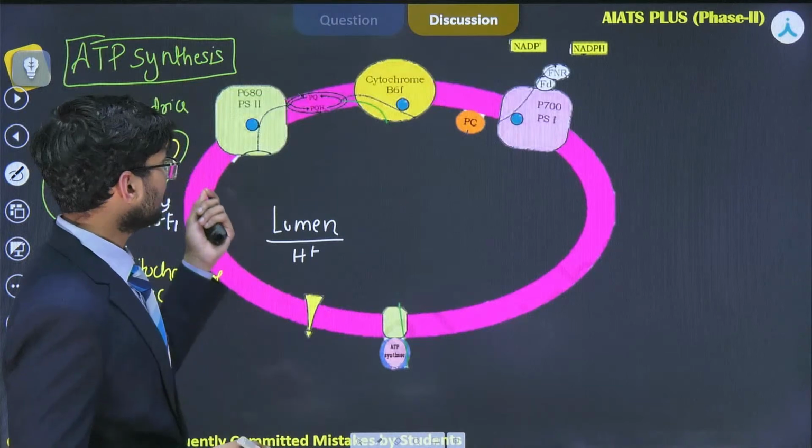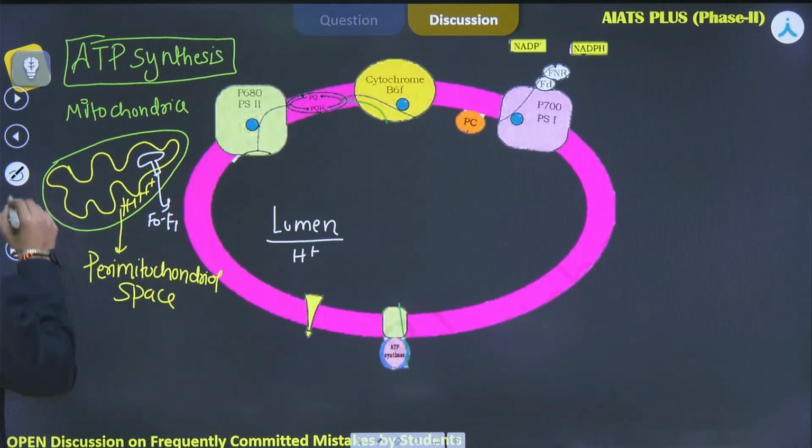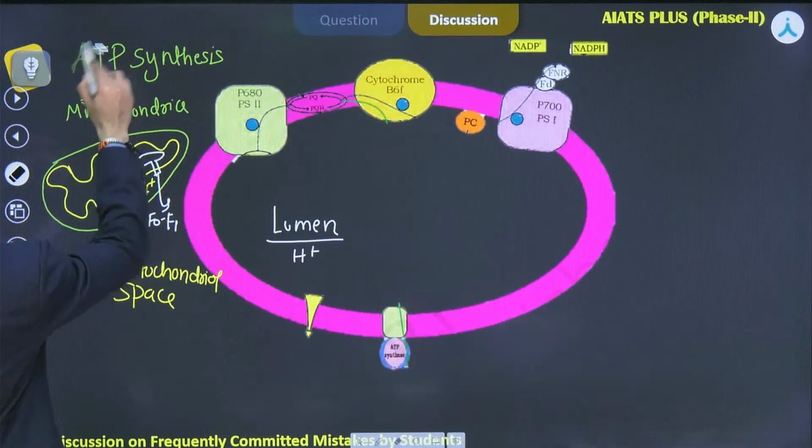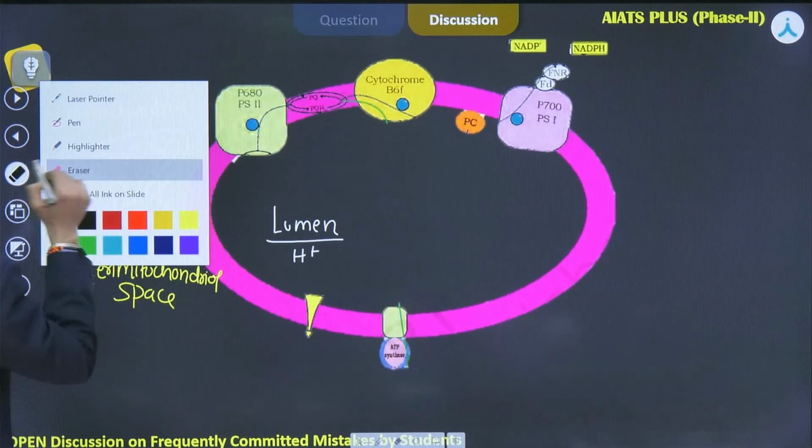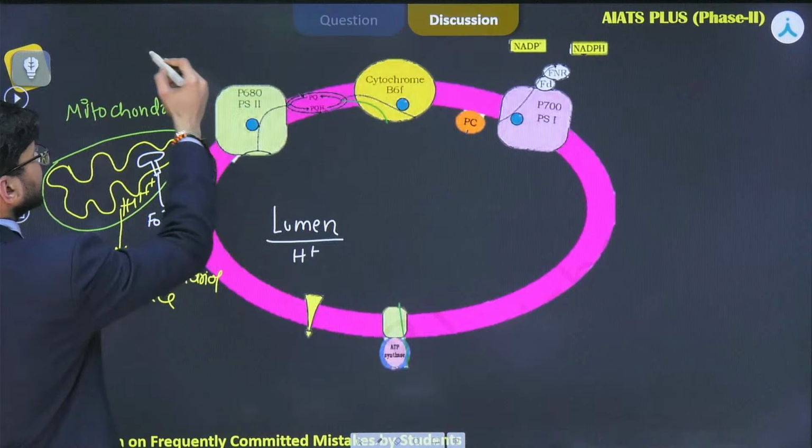Okay, so let's start the process of the chemiosmotic hypothesis. Here there are various photosystems.